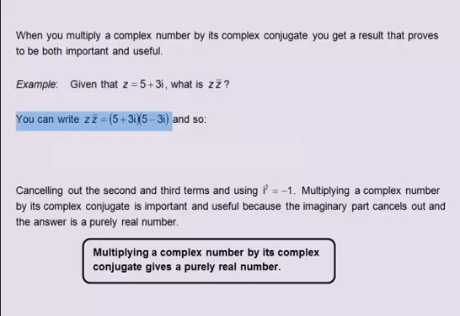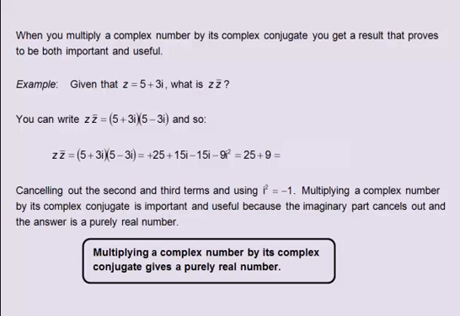You can write z z̄ equals 5 + 3i multiplied by 5 − 3i, which equals 25 + 15i − 15i − 9i², which equals 25 + 9, which equals 36. Cancelling out the second and third terms and using i² equals −1.